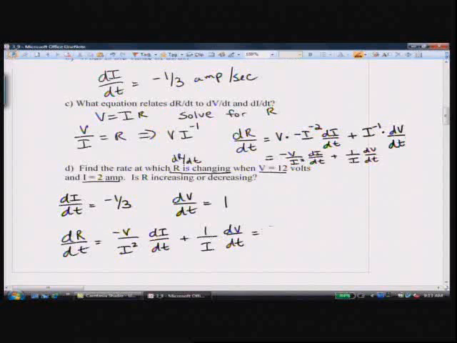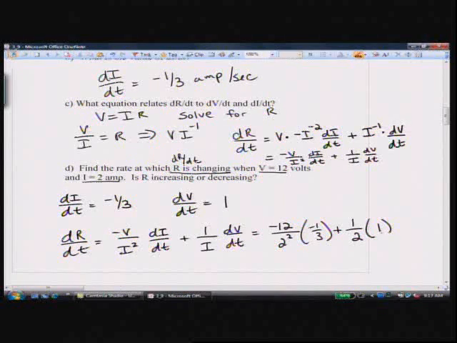So this is going to be negative 12 over I, which is 2, squared, times dI/dt, which is negative 1/3, plus 1 over I, which will be 1 over 2, times dV/dt, which is 1.